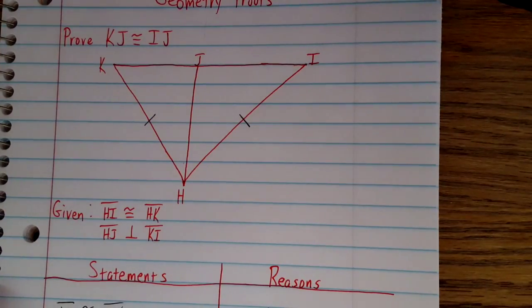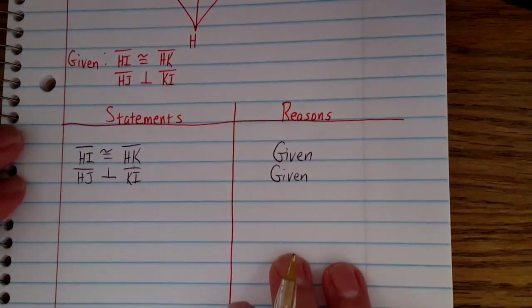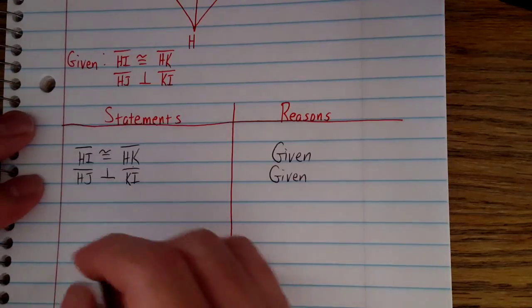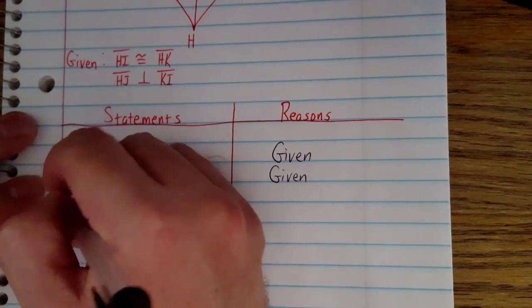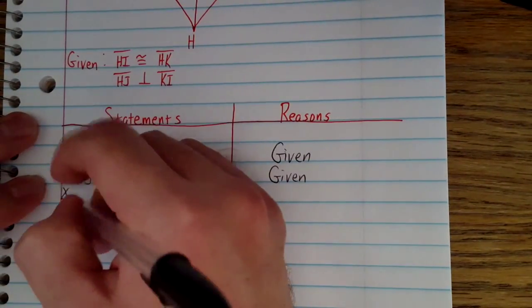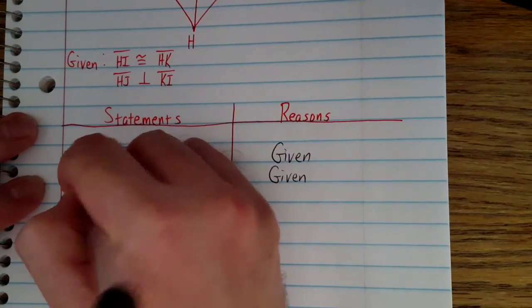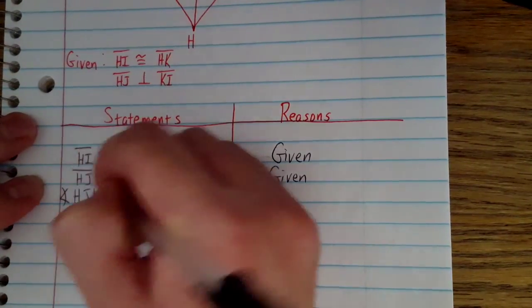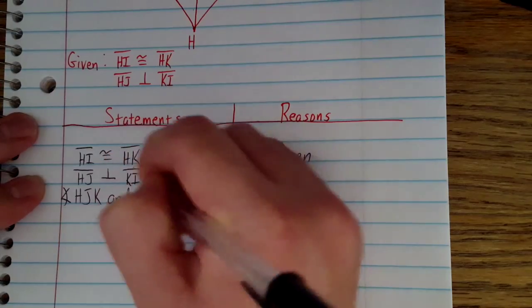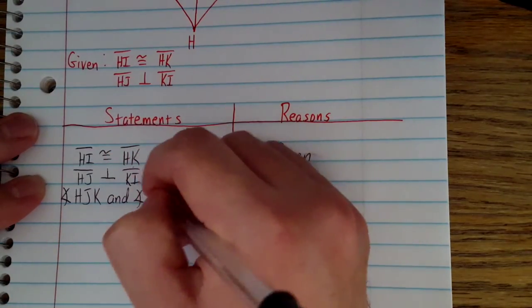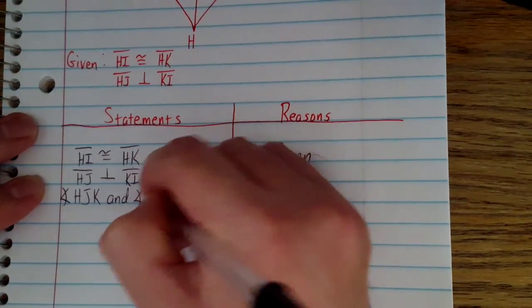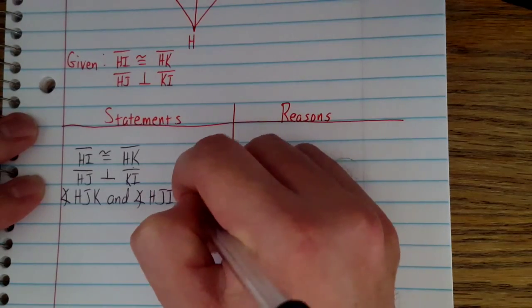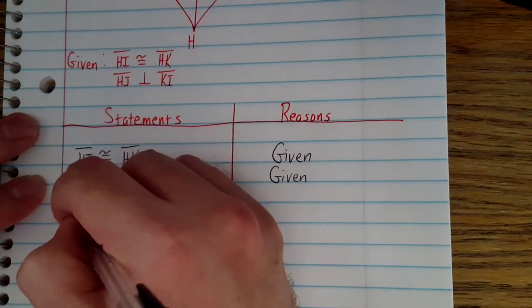All right, so I'll go ahead and name these angles. Doesn't really matter what it is. Angle HJK and angle HJI are right angles.